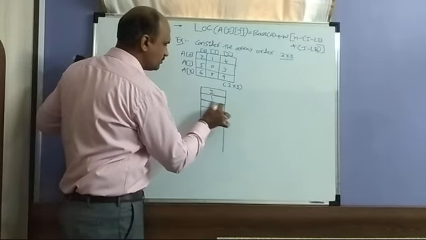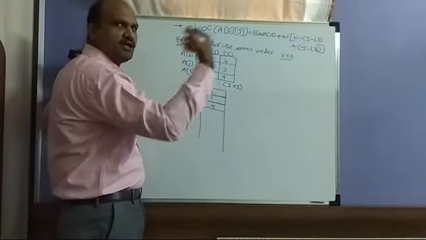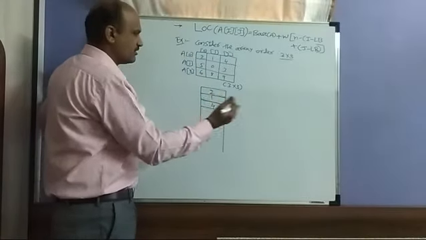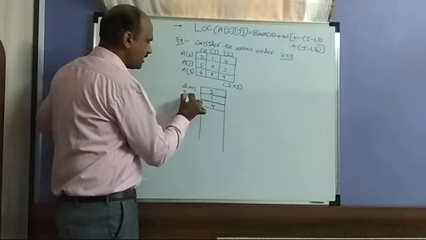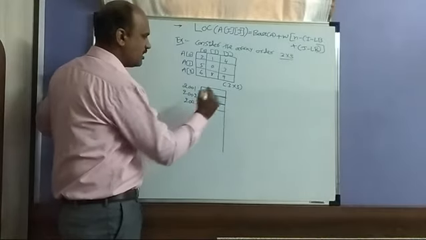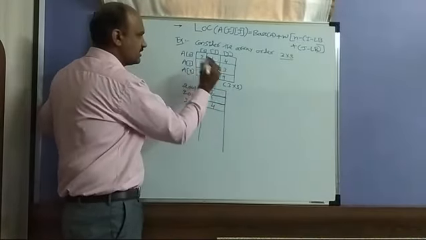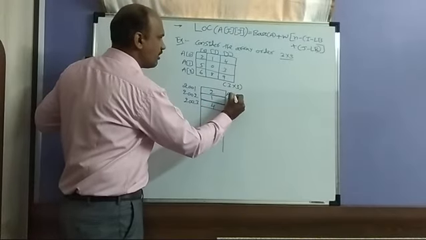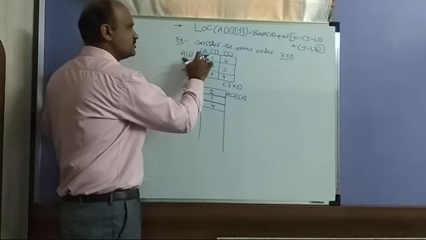So as I told you, the first row elements, second row elements and third row elements will be stored in contiguous memory locations. And also we are having the memory addresses. So now the representation of this location, 2, will be A of 0, 0.